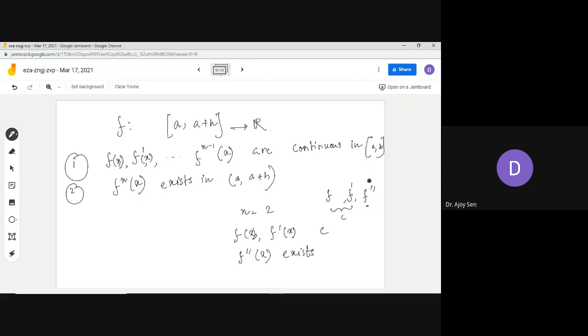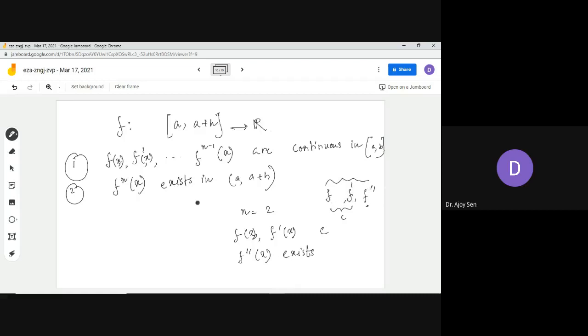Exist means all things, this f dash, they are actually derivable. Because f double dash exists, that means the second order derivative exists. That means that if f dash is derivable, f is obviously derivable. Because if f dash is not derivable, then how come this f double dash will exist? So for the existence of f double dash x, you have to have the derivability of f and f dash.